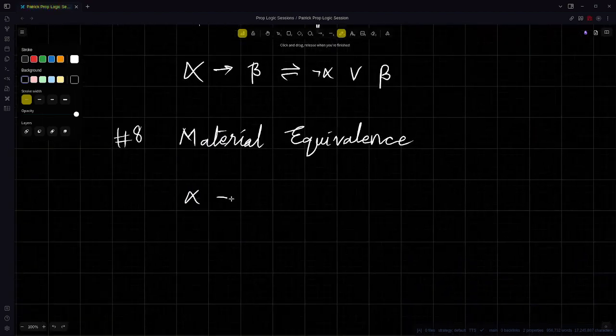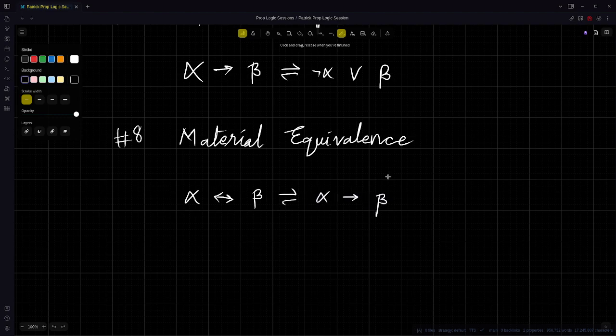This is alpha double implies beta, or alpha if and only if beta. That means alpha implies beta and beta implies alpha.